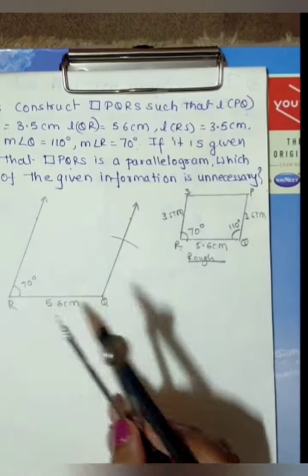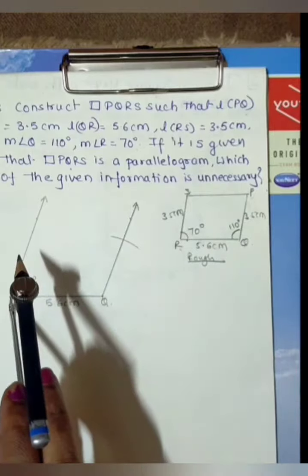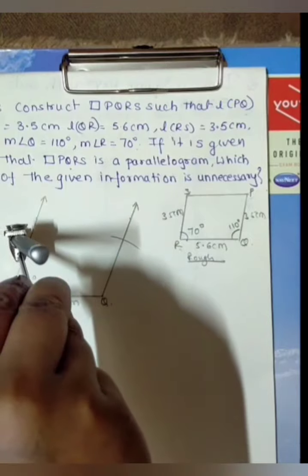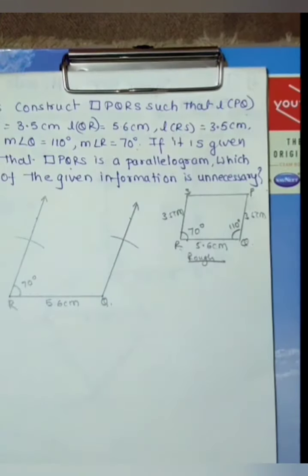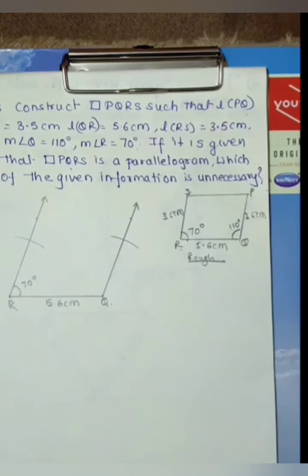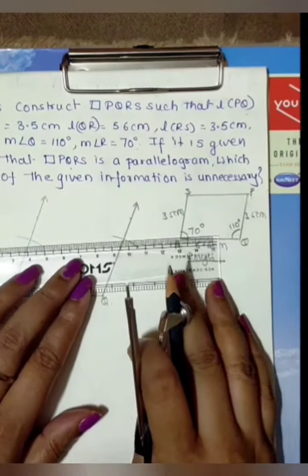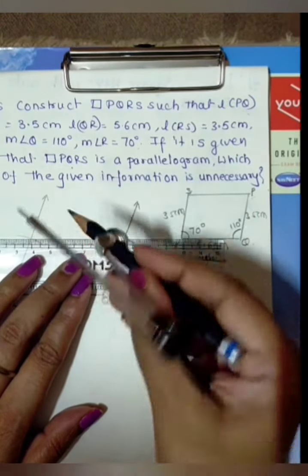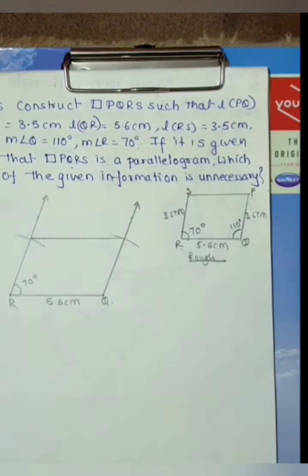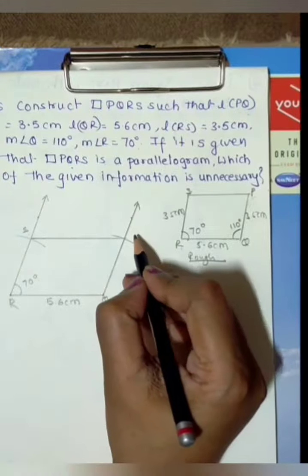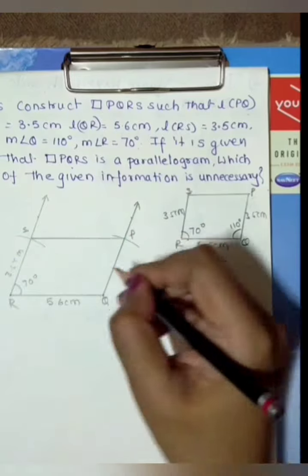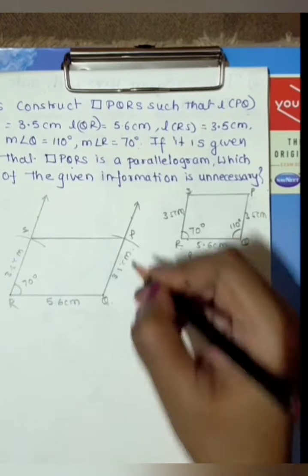Now RS is also this side, that is also 3.5, and we have to keep it properly. This is our S and this is our P point. So we are going to join that with the help of the scale. Okay, we have joined S and P. This is 3.5 centimeter and this is also 3.5 centimeter.